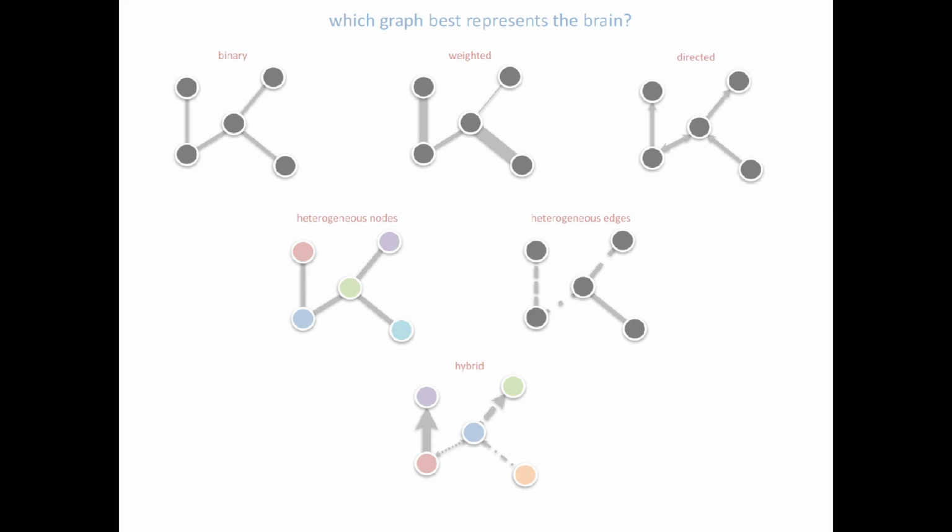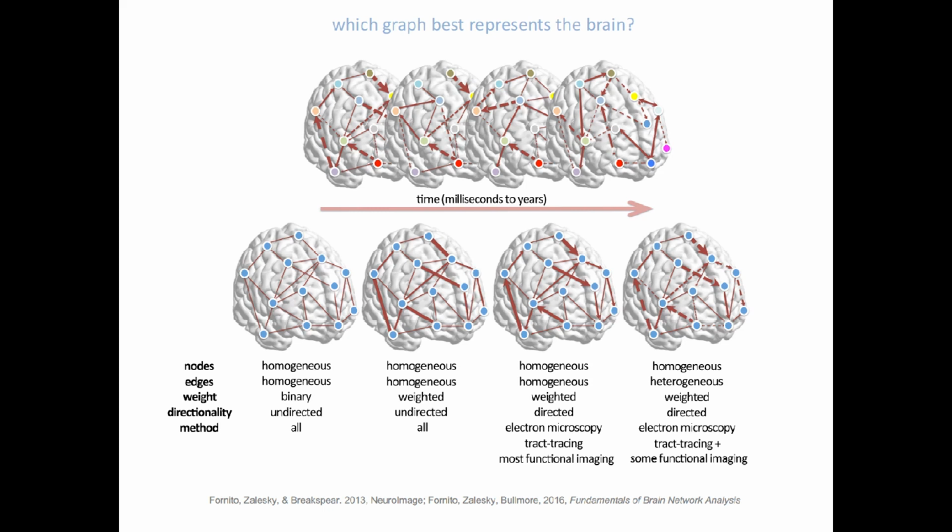There's excitatory, there's inhibitory, there's modulatory, and so on. So really what we're talking about is some kind of hybrid graph. On top of that, nodes are distributed in the brain through space, so we want to account for spatial positions because space has an important role in brain organization. And brain networks evolve dynamically through time on scales ranging from milliseconds to years. So we want to be able to incorporate this.